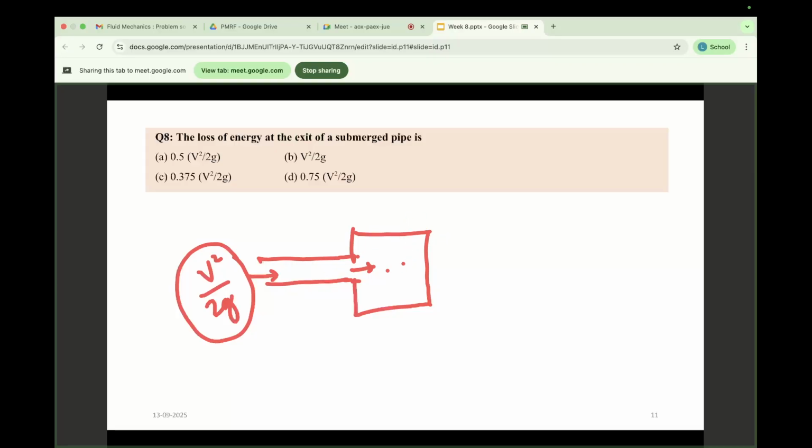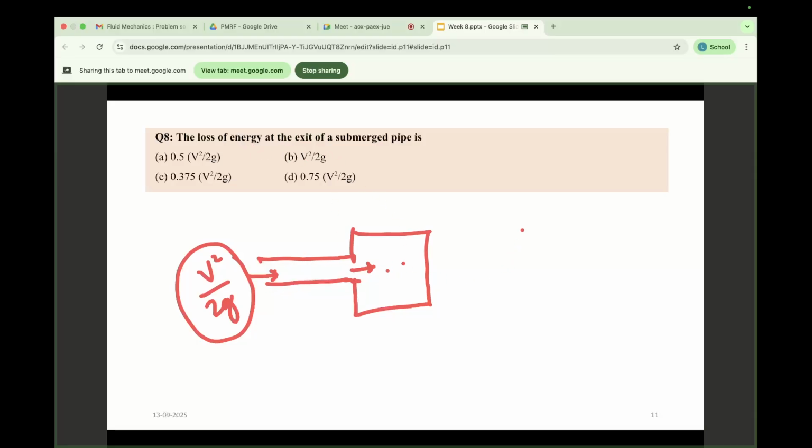This kinetic energy gets distributed. Yes or no? That means the kinetic energy associated with this flow is getting dissipated in the reservoir. So that is the scenario. What is getting dissipated? The whole kinetic energy.